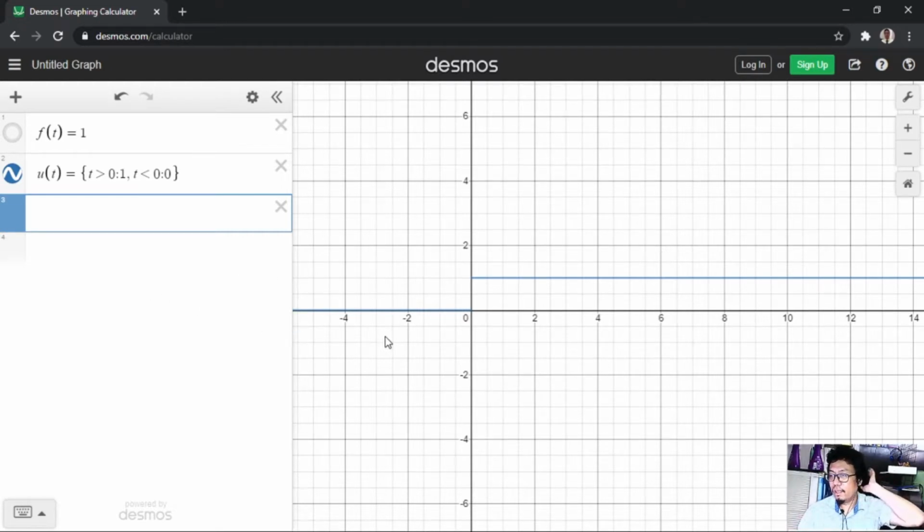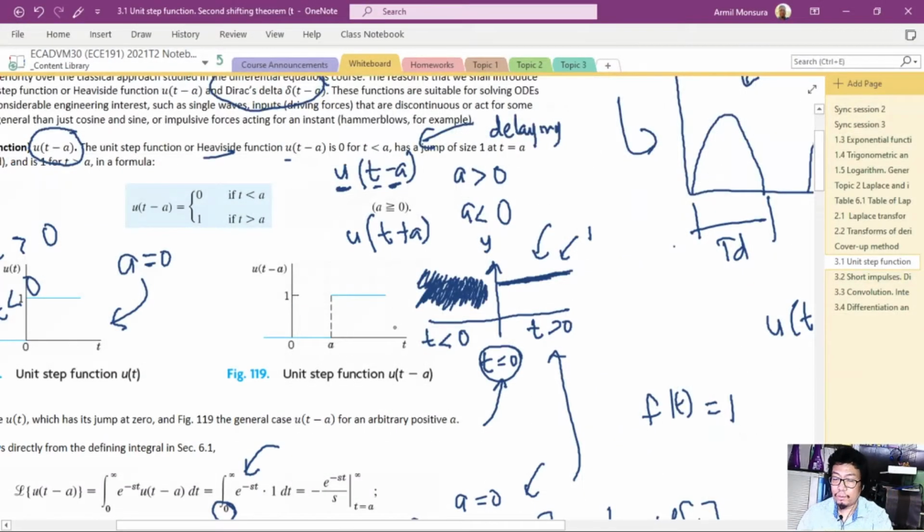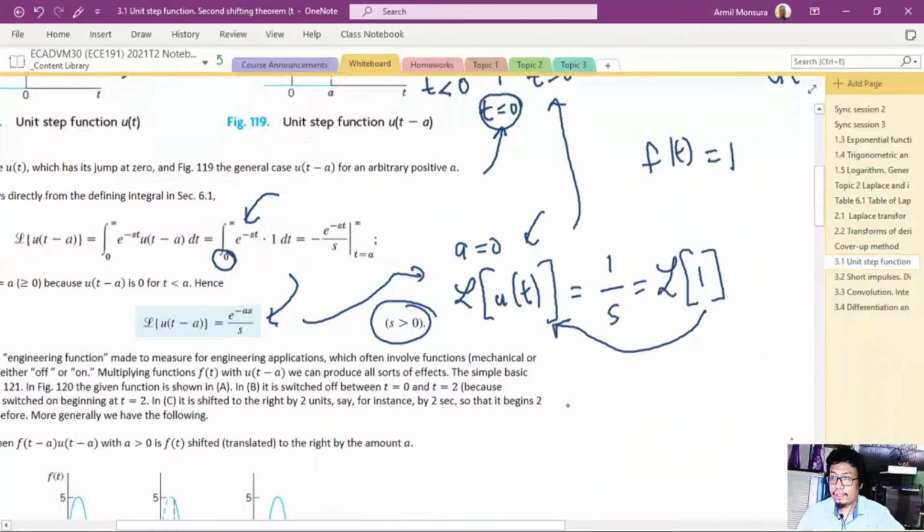But in terms of our definition of the Laplace transform, f of t equals 1 and u of t become one and the same, mainly because of how we define the Laplace transform integral, which has a lower limit of 0 and is an improper integral that covers the range 0 up to infinity.